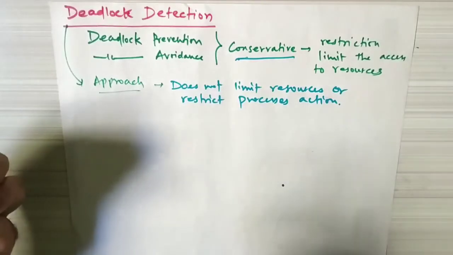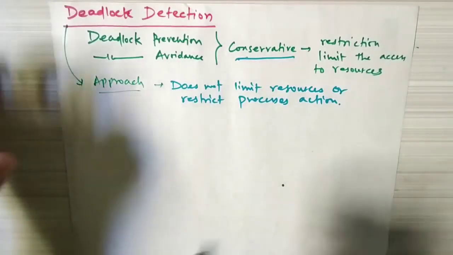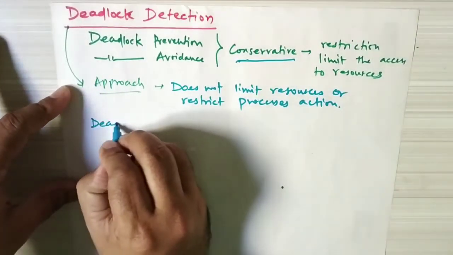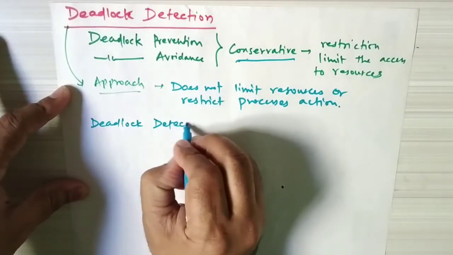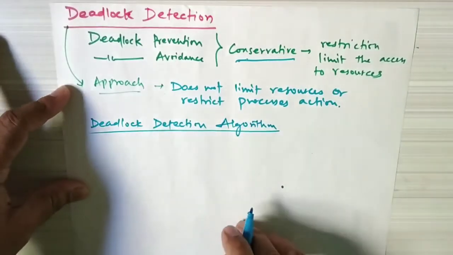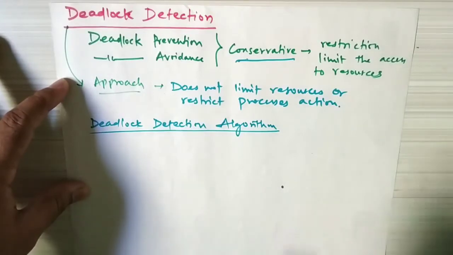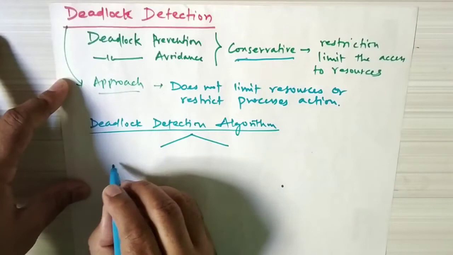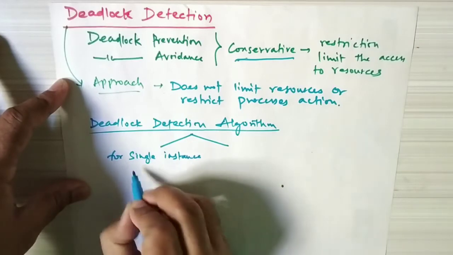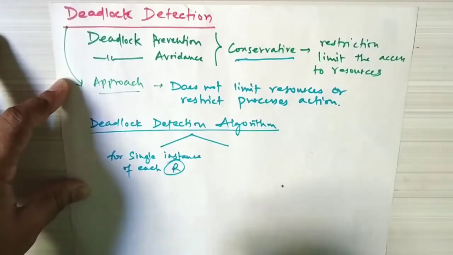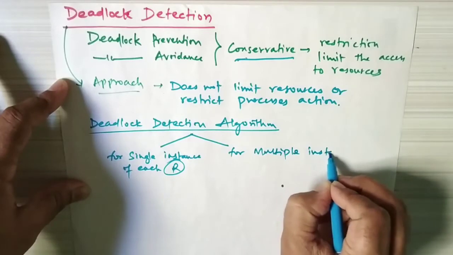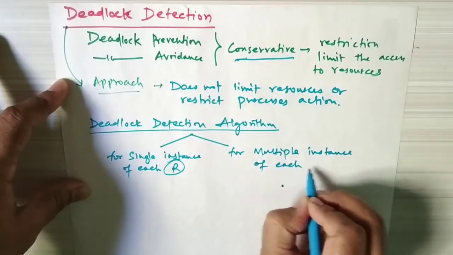Now we'll see the deadlock detection algorithm. We have deadlock detection algorithms of two types: one for a single instance of each resource type, and one for multiple instances of each resource type.